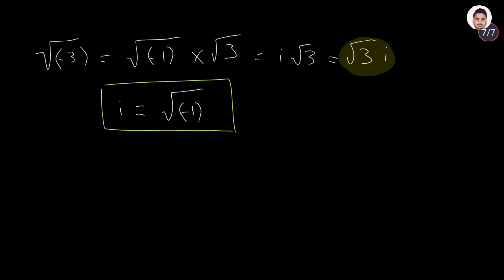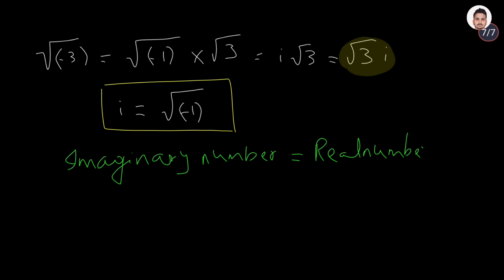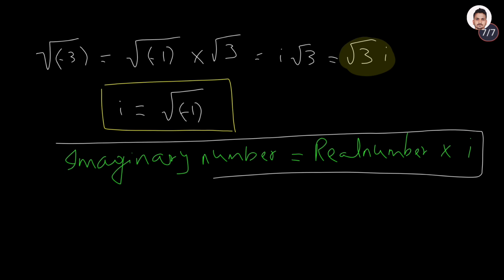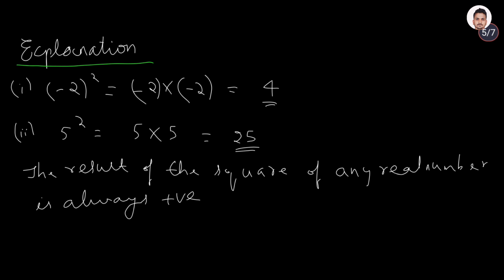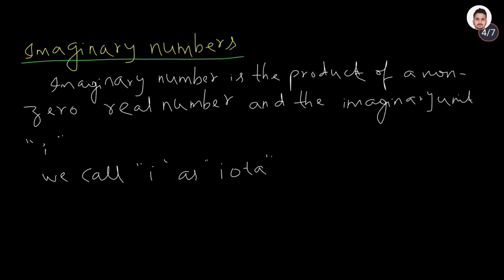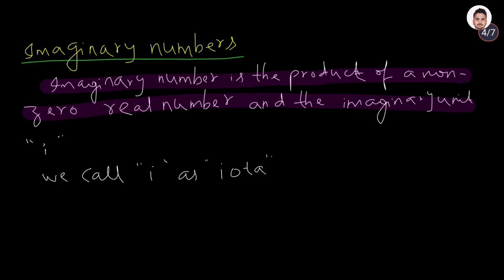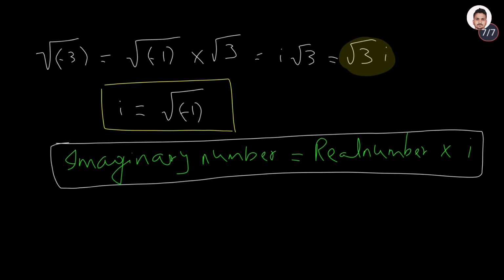That is, an imaginary number is a non-zero real number into i. That is what I explained in the definition. At the end of this slide, we come to know an imaginary number is the product of a non-zero real number and the imaginary unit i.